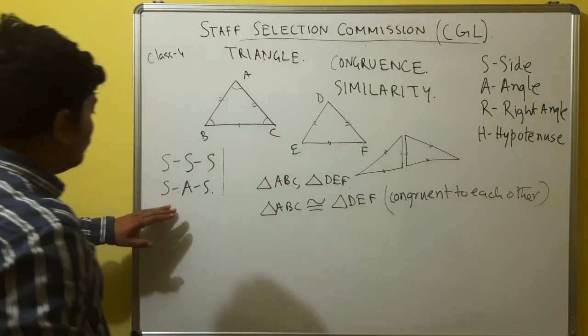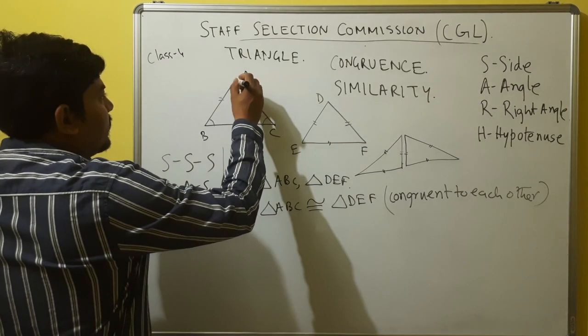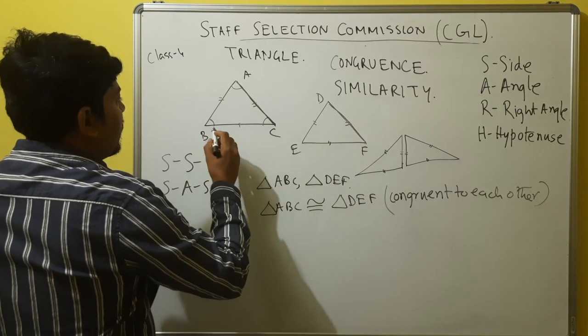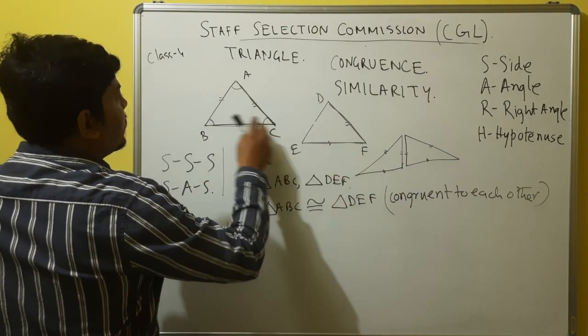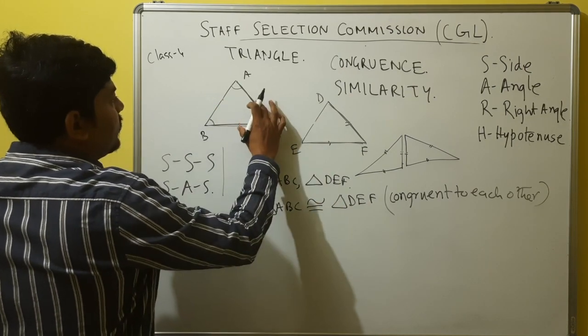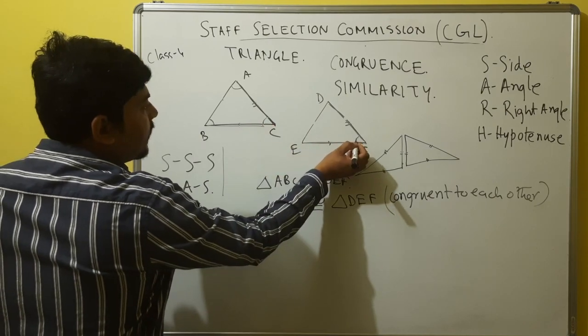Okay. Now coming to this one, side angle side. Let's say this arm equal to this arm and this arm equal to this arm. I don't know whether this arm equal to this arm or not. I only know this arm equal to this arm, and that this angle equal to this angle.